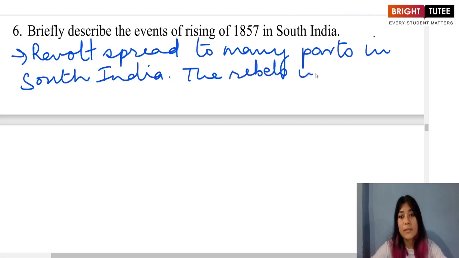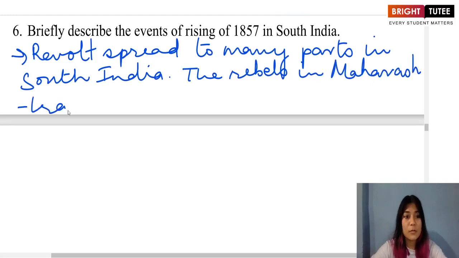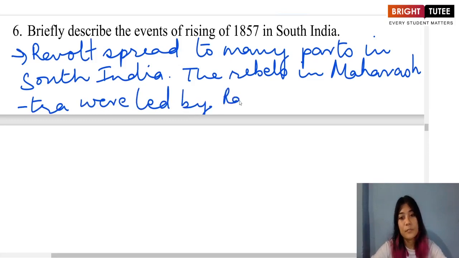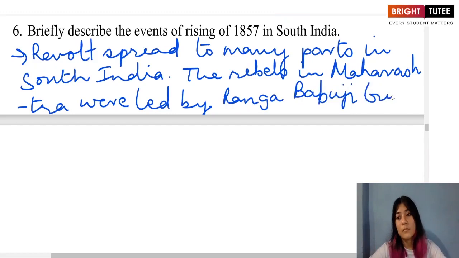The rebels in Maharashtra were led by Ranga Babuji Gupte.